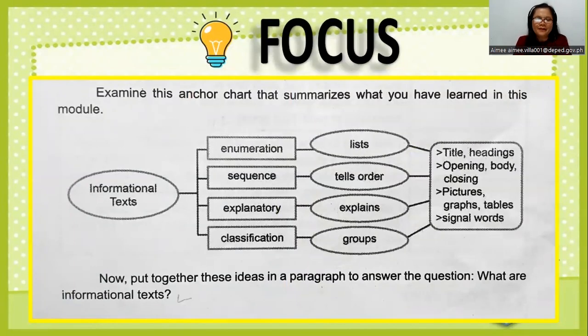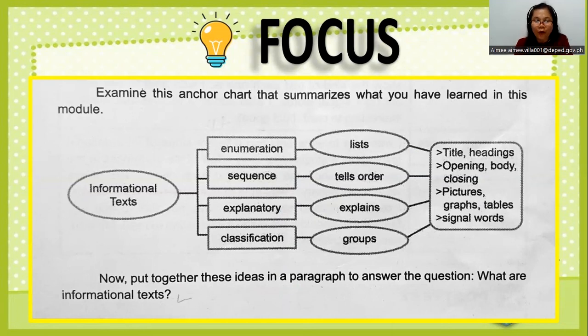Now, finally, the focus. Look at the diagram. Examine this anchor chart that summarizes what you have learned in this module. Let's try to look at what we have learned from lesson 1, lesson 2, and lesson 3. Informational text and the different kinds are four that we have learned. Enumeration gives the list.